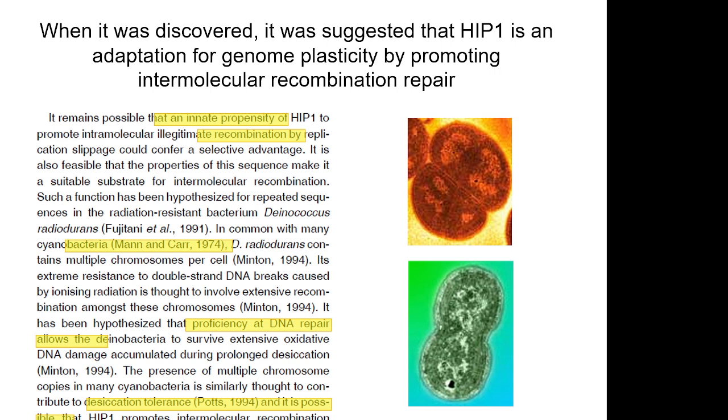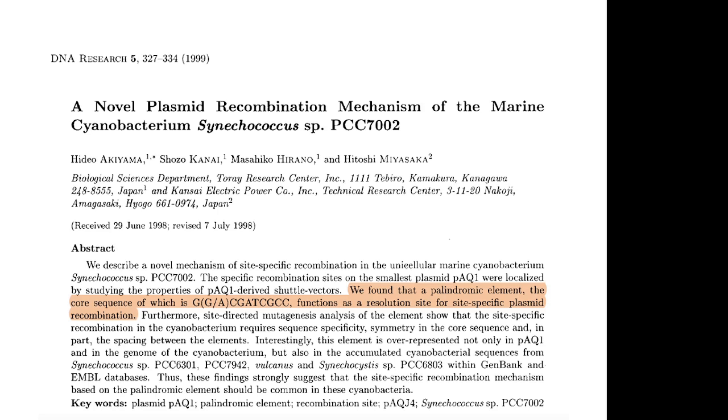Several cyanobacteria also have several copies of their genomes. So maybe these authors speculated they were using this small sequence to repair the genome by homologous recombination. In fact, in 1999, there was some evidence that this sequence was a resolution site for site-specific plasmid recombination. So there is some evidence that it can be used for recombination.